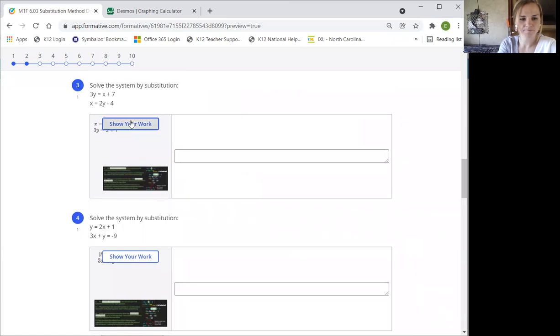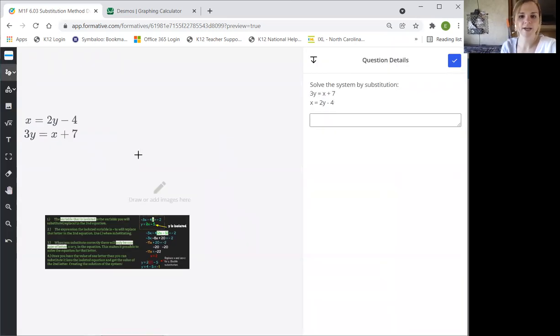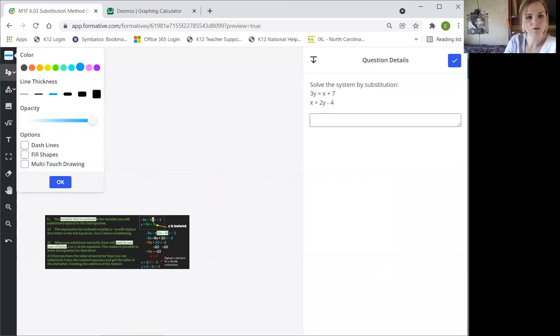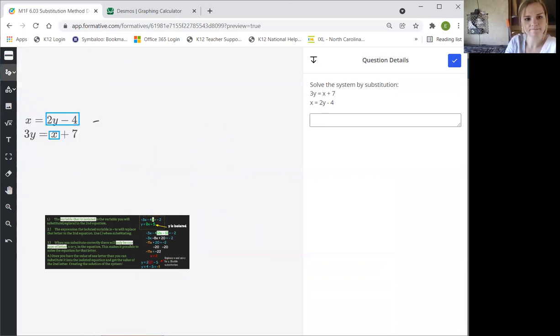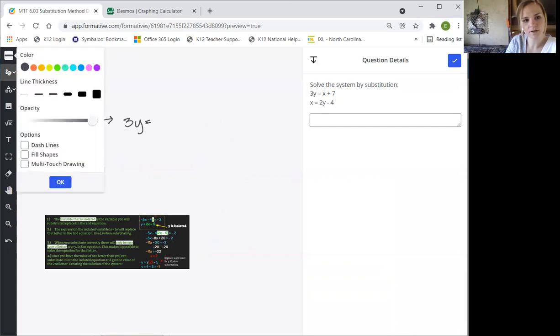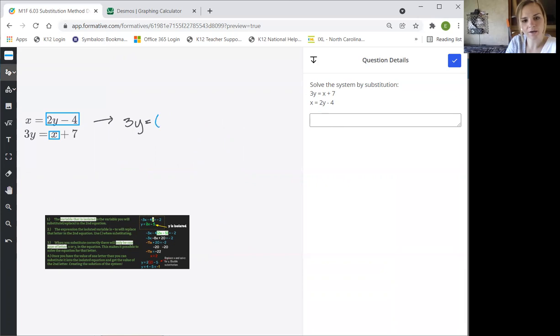Okay, let's try another one. This one we have x is already solved. So this time we're going to do the same thing, except we're going to replace the x value rather than the y value. When we do that, we have 3y equals, and we're going to plug in our 2y minus 4.